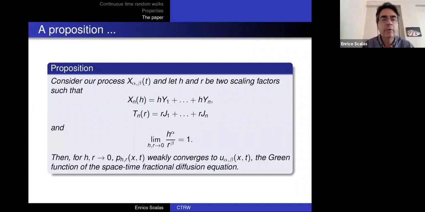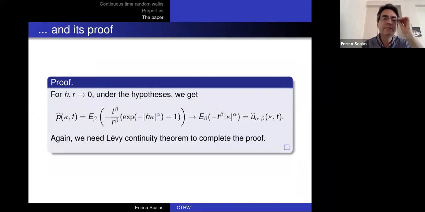And now I will give you some hints on how to prove this result.